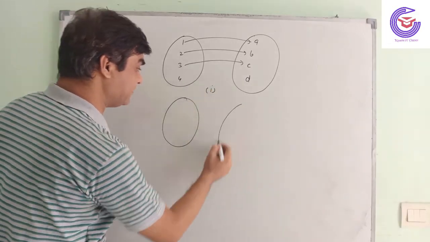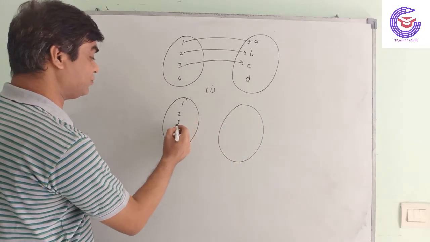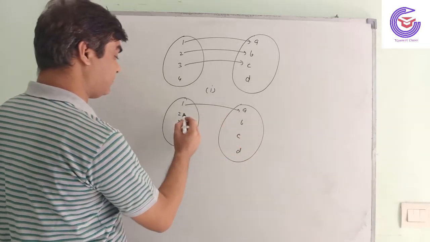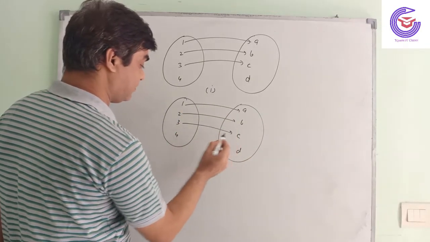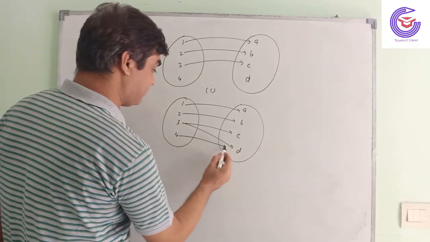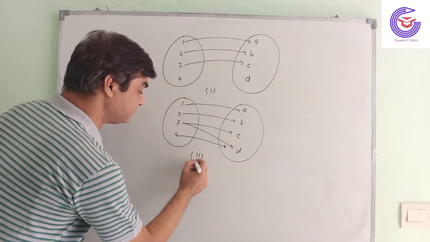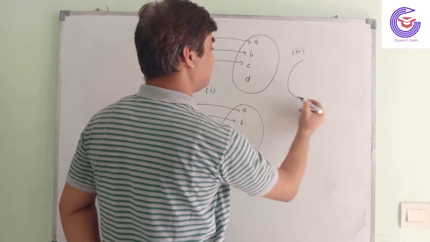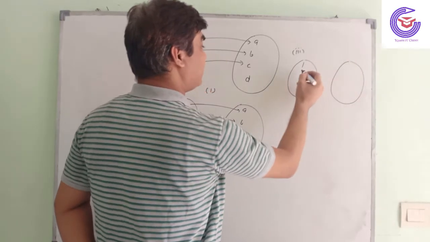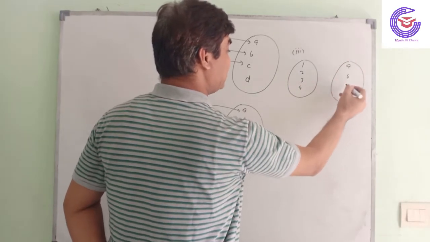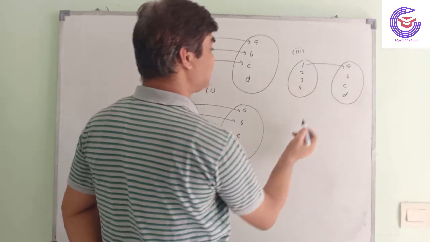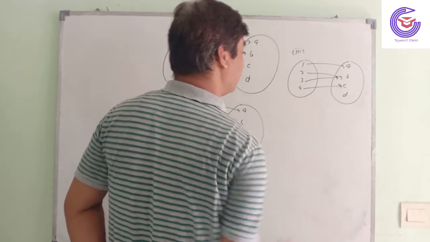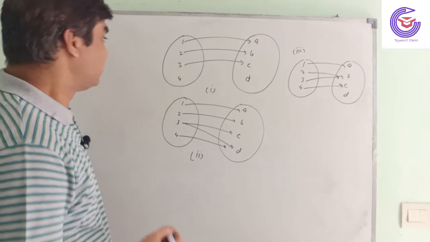In the second case, suppose I give 1, 2, 3, 4, A, B, C, D. Okay, this is the second case. Now see the third case. 1, 2, 3, 4, A, B, C, D. Here you are mapping something like that. 1, 2, 3, 4. Okay.